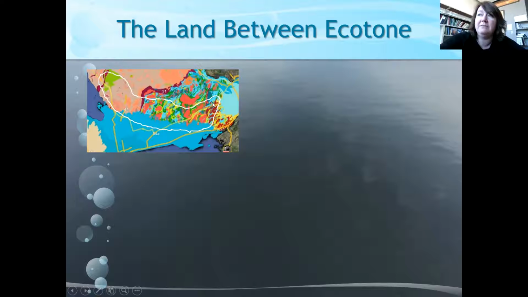Now we have lots of lakes up here compared to down here, and the reason for that is related to the last ice age. Most of Canada was underneath a huge ice sheet that was over 1 kilometer thick in places.